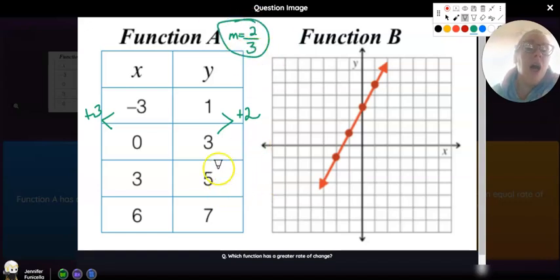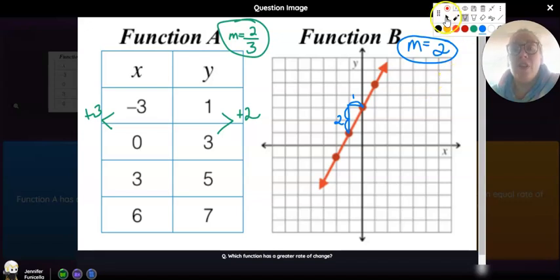Up 2 for the y, right 3 for the x's. Looking at function B, we can find any 2 points, and we're noticing to get from one point to the next, we're going up 2 and over 1. So this has a slope of 2. 2 is greater than 2/3, so function B has a greater rate of change.